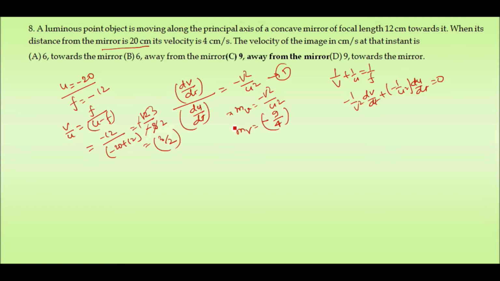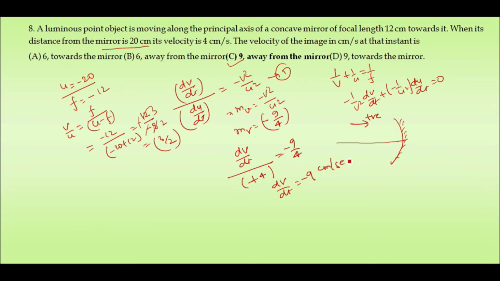What does the negative sign signify? The negative sign signifies that the directions of movement of object and image are opposite to each other. Now if we consider the movement towards the mirror as positive, like if we consider this direction as positive, then dv by dt divided by plus 4 cm per second is equal to minus 9 by 4, and dv by dt is equal to minus 9 cm per second.